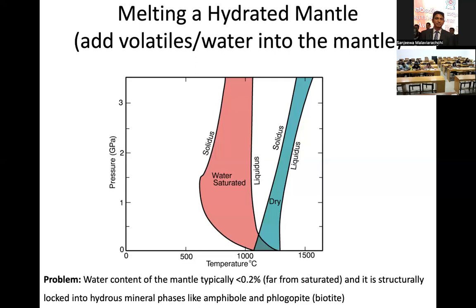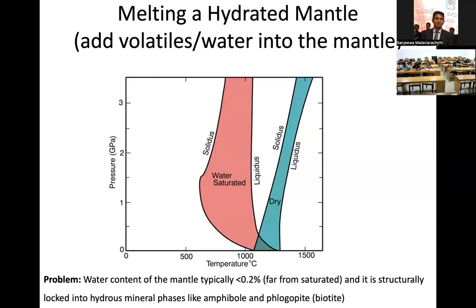Dehydration means the hydrous minerals like mica and amphibole bring a lot of water, right? Their structure stores a lot of water, and this water can be added into the system. So this water reduces the solidus temperature, so that melting can easily start at a lower temperature, right?